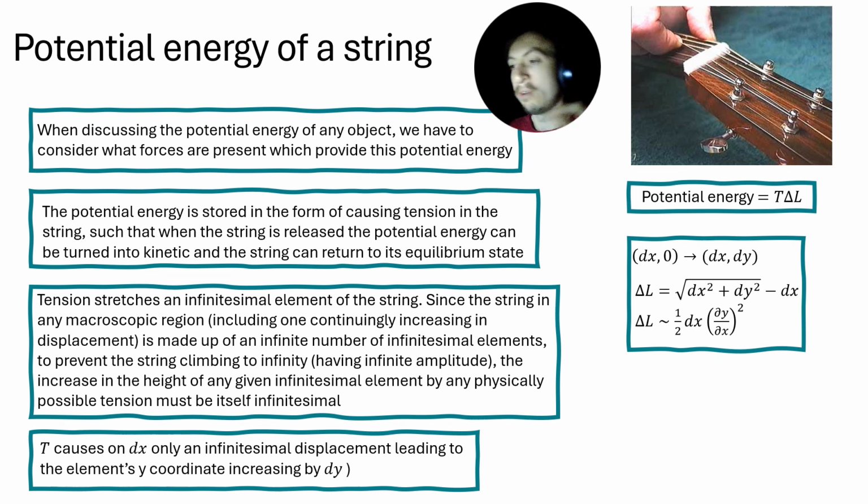So we now have a formula for the change in the length of the string, and the energy transferred, which in this case is the potential energy of a force, is just the force, which in our case is the tension, multiplied by this changing length of the string.